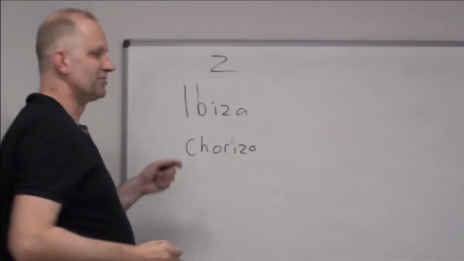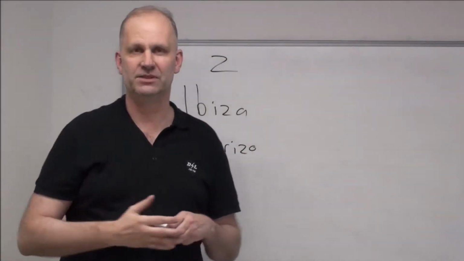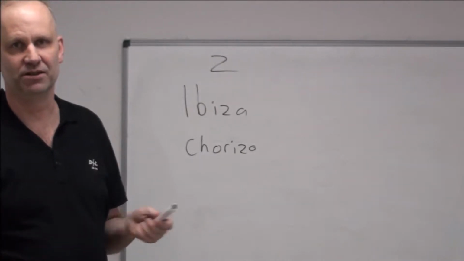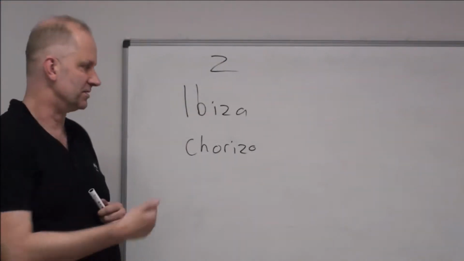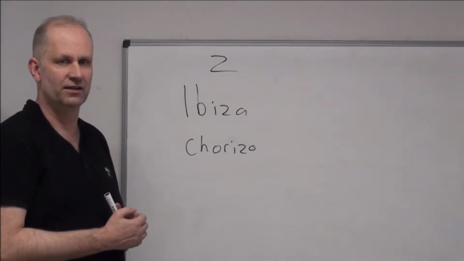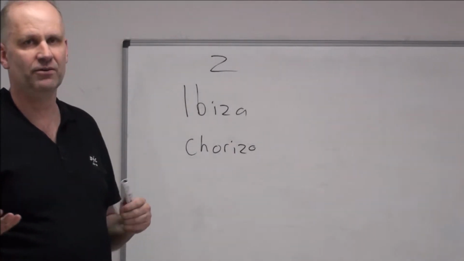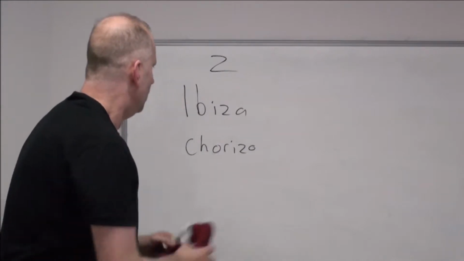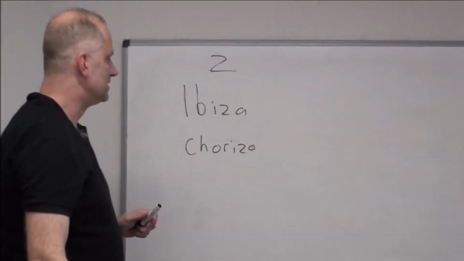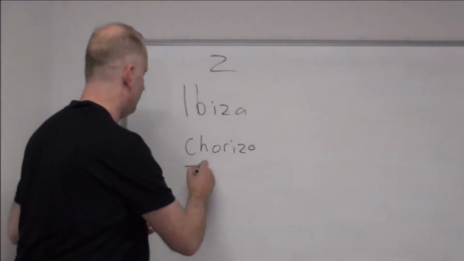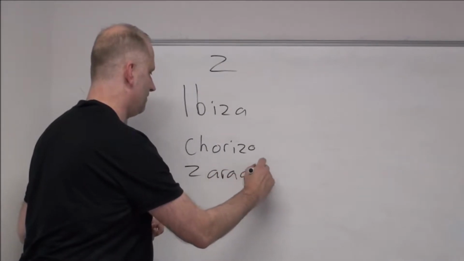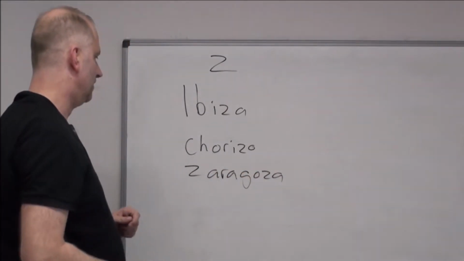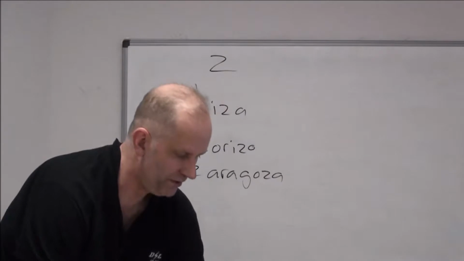A lot of people say chorizo with a ch, but it's not. So Z is always th: Zaragoza. Okay, so moving on.